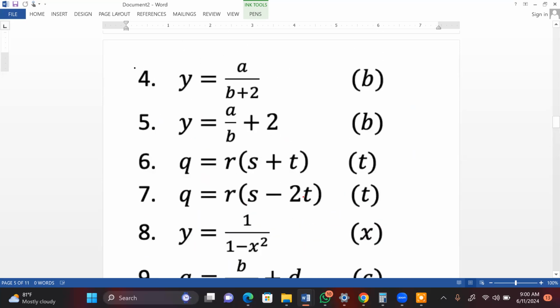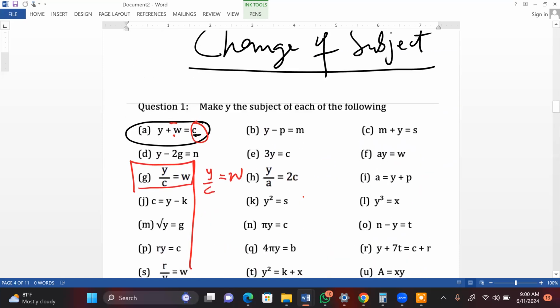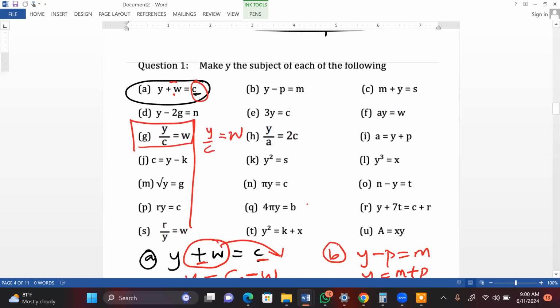Good. Let's go to another question that looks like this again. So that's question H. I've done question D as well. So question H now.